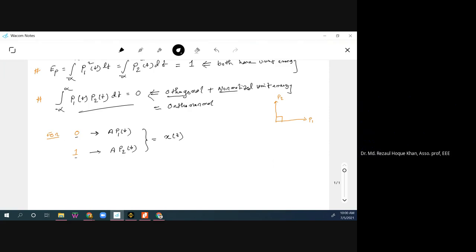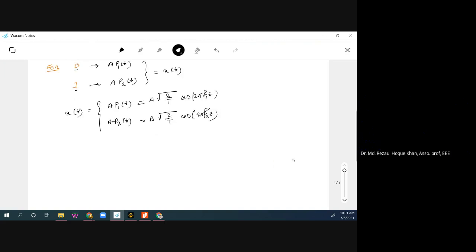I can write it again. The signal x t has two options, for 0 and 1: A P1 t or A P2 t, which can be written as A times root 1 by T cos 2 pi F1 t, or A times root 1 by T cos 2 pi F2 t. The first is for bit 0 and the second is for bit 1, right?